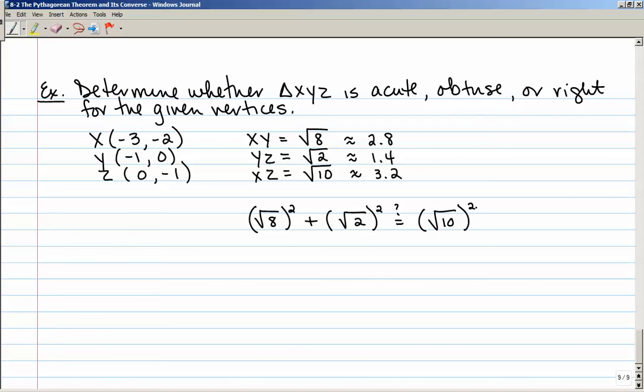Square root of 10 is the longest side, so that must be the hypotenuse, so that must be the c in our formula. Square root of 8 squared is 8. Square root of 2 squared is 2. Square root of 10 squared is 10. And yes, 10 equals 10. So this is a right triangle.